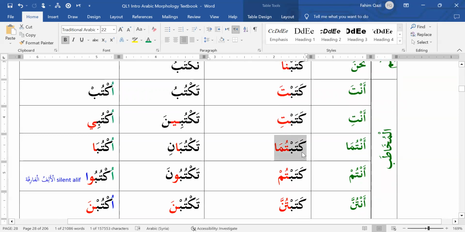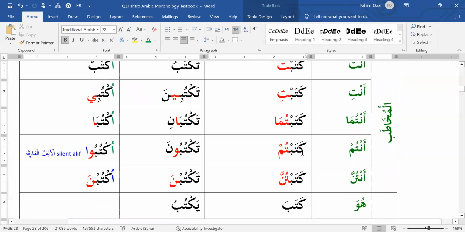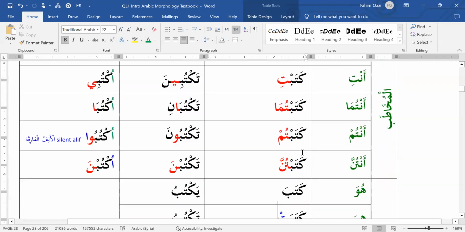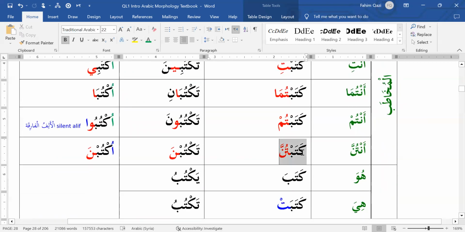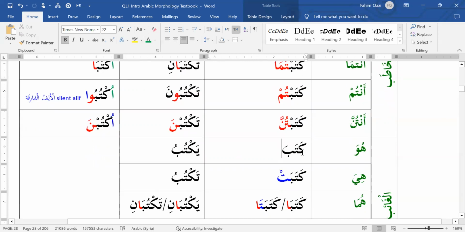Katabti, ti is the fa'il, tuma is the fa'il in katabtuma, tum is the fa'il in katabtum, tunna is the fa'il in katabtunna. And what happened here? Where is the red fa'il? It's damirun mustatir, hidden.